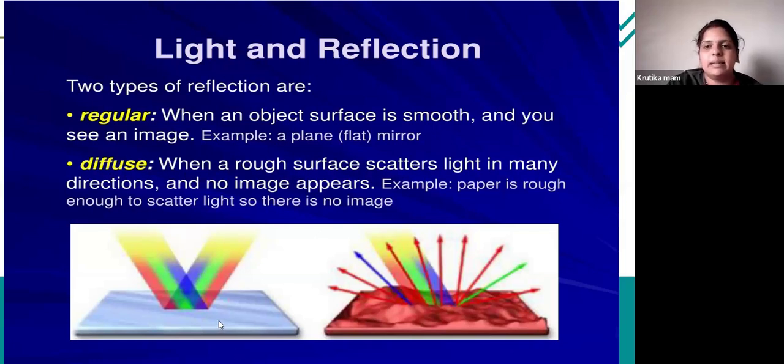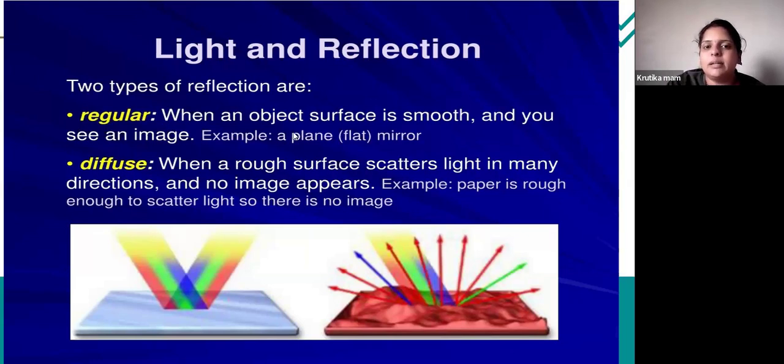In the first figure you can see, if the surface is smooth, a plain surface, when light rays fall on it and bounce back, that is called regular reflection. So in regular reflection, any number of rays falling on that surface bounce back and you see the reflection phenomenon, that is called regular reflection. Okay, when the surface is plain, whatever reflection takes place is called regular reflection. When an object surface is smooth and you see an image, it is because of regular reflection.